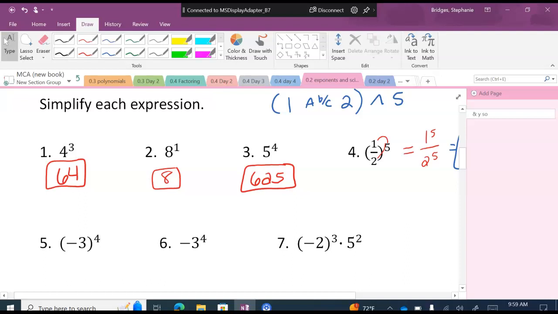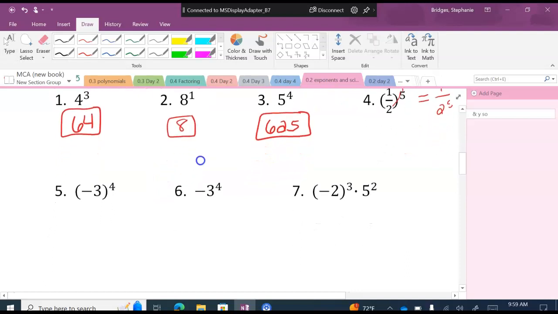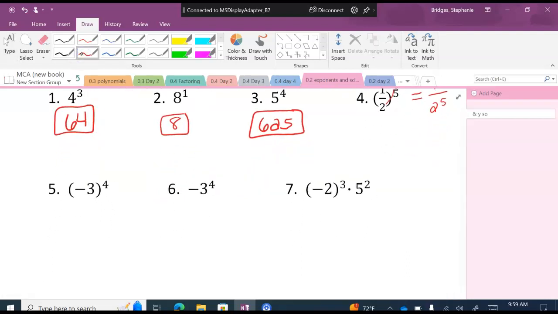So one has what and one doesn't? Parentheses? Okay, so we need to be very careful with this. If you're using your calculator, you have to enter it exactly as it looks. Let me explain the difference between these two.